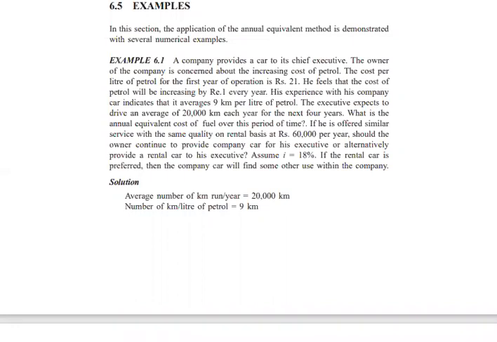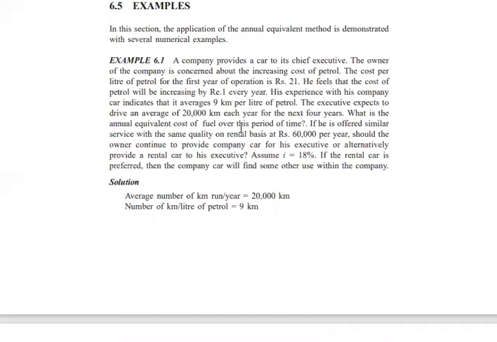So here the car owner, that is the company car. He feels that the price of petrol will rise by rupees 1 every year. The present operation cost is rupees 20, and later it will increase by rupees 1 every year.